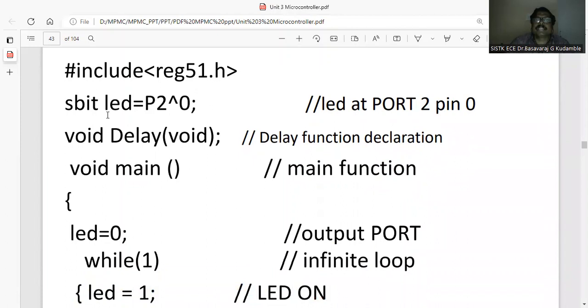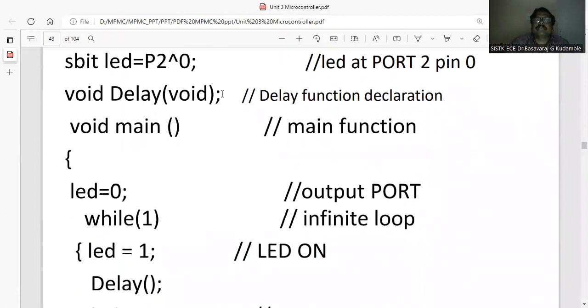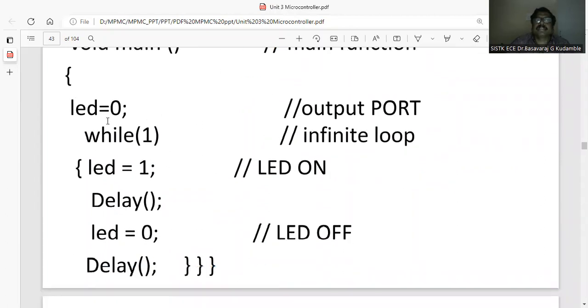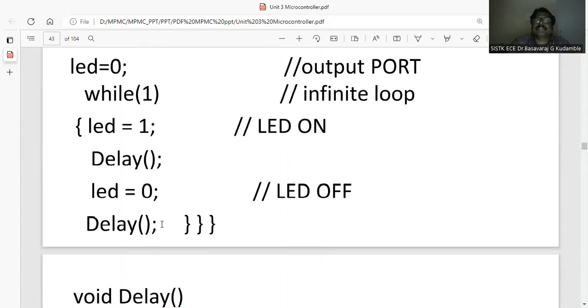We are giving it the name LED. Then we are declaring the delay prototype. Then in main, the program is actually going to start. First LED will be 0, then while 1 infinite loop. We make LED 1, LED on, and wait for the delay, then LED 0 and delay. You have to repeat this, while 1 it will repeat.